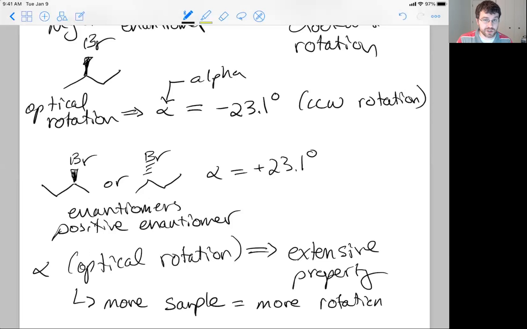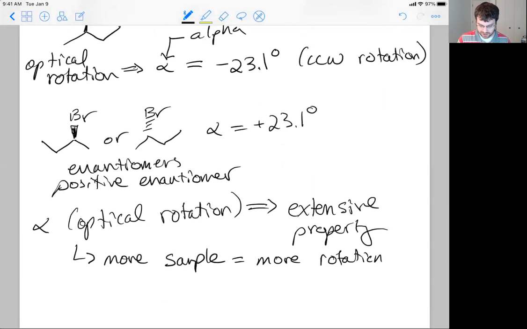Now, what I showed you actually was not the rotation, but the specific rotation.